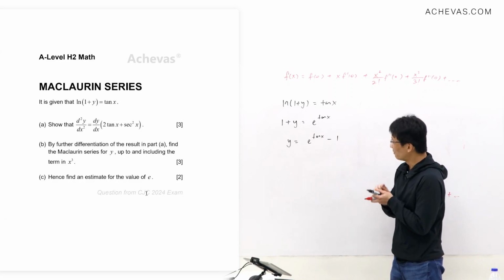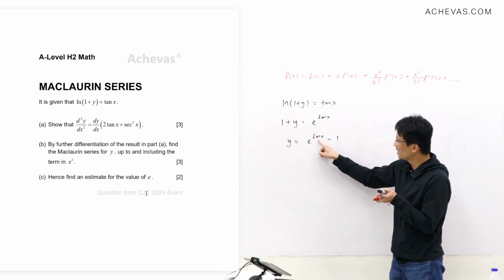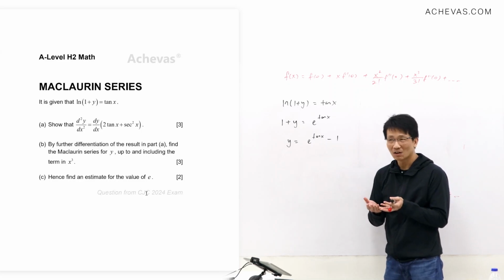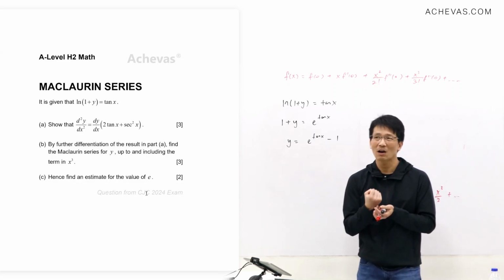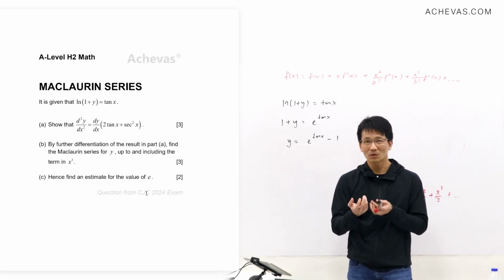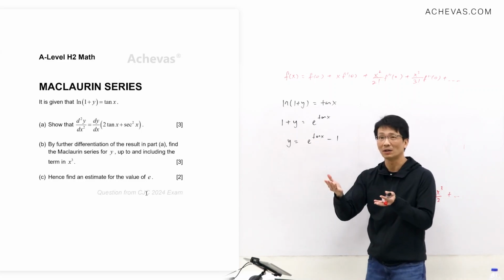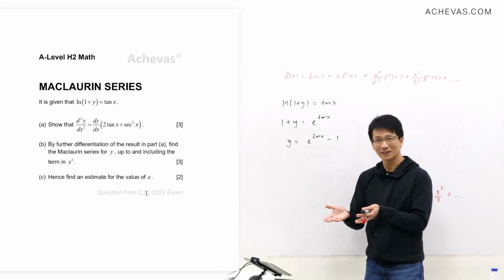So I think by a bit of observation, I don't really like the tangent x. To get rid of it, I will actually sub the value of x to be pi over 4, because I know tangent of pi over 4 actually gives me 1. So if it gives me 1, you will just be left with exponential e to the power 1. And e to the power 1 is what I need to find.